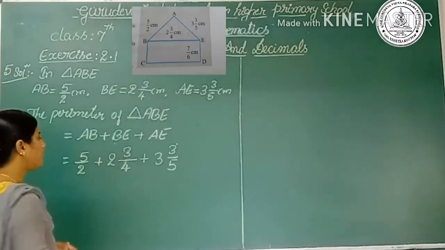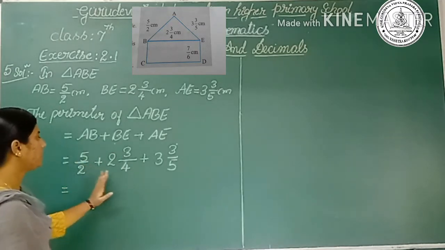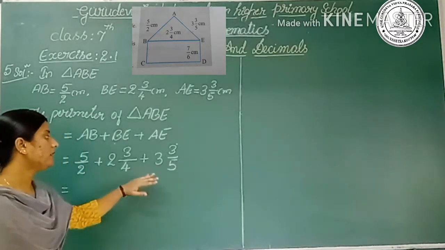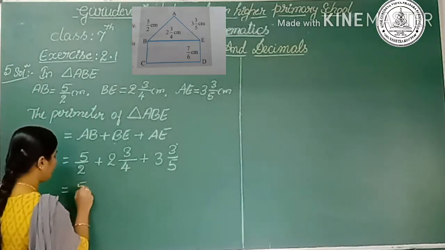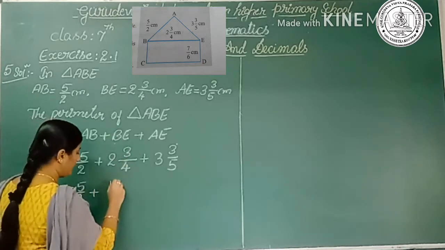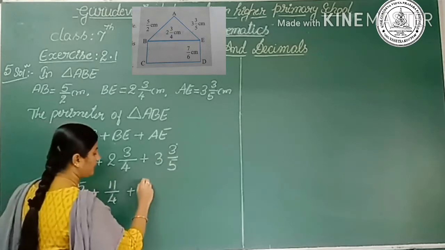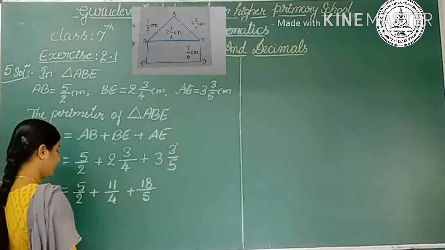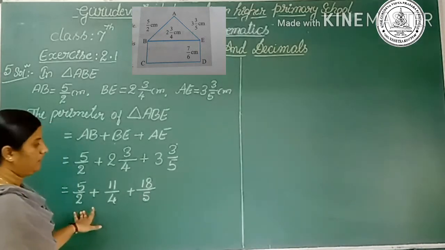Okay, then let's solve. 5/2 is an improper fraction, while 2 whole 3/4 and 3 whole 3/5 are mixed fractions. First convert them into improper fractions. Write 5/2 as it is, plus 4 twos are 8, 8 plus 3 is 11/4, plus 3 fives are 15, 15 plus 3 is 18 by 5. Now we have to take the LCM of these three denominators.